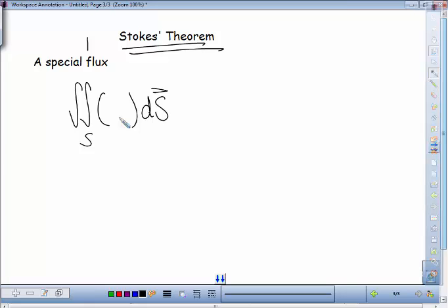The vector field that it's going to consider is a curl of a vector field. When you take the curl of a vector field, you get a vector field, because when you cross two vectors, you get another vector. So this is still a vector field. The curl of a vector field over a surface S is what we're going to consider.